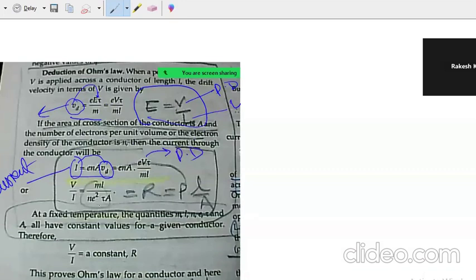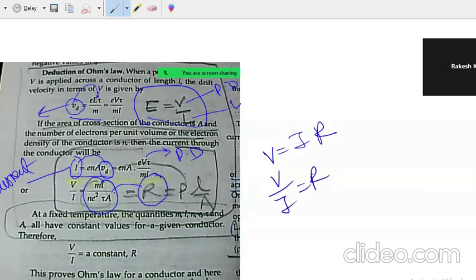And this is nothing but V is equal to IR, Ohm's law. He is trying to get V to the other side. I he gets here, and he gets this term. This is nothing but the resistance, because V by I is nothing but the resistance.